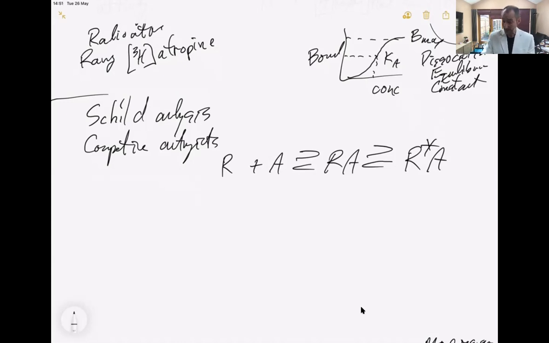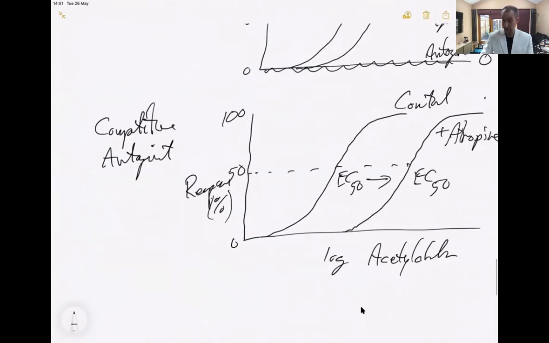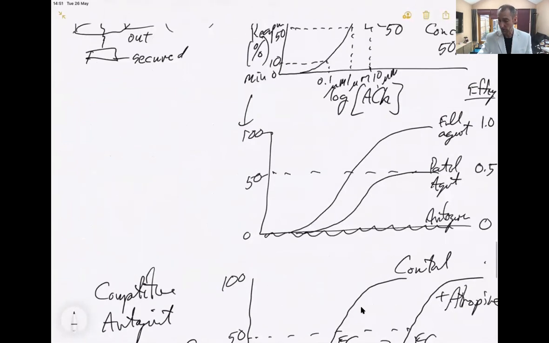So we said that on this equation that I've just drawn out again, we can't get Ka from this because of this damn efficacy term, which we don't necessarily know. We can estimate it, but it still doesn't help us calculate the real affinity. But from what I showed you on this other set of curves, we can add an antagonist and it shifts the whole dose response curve.